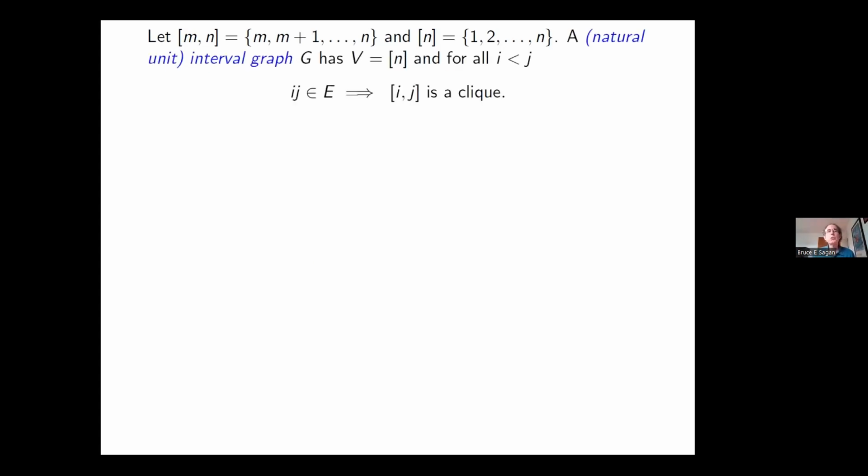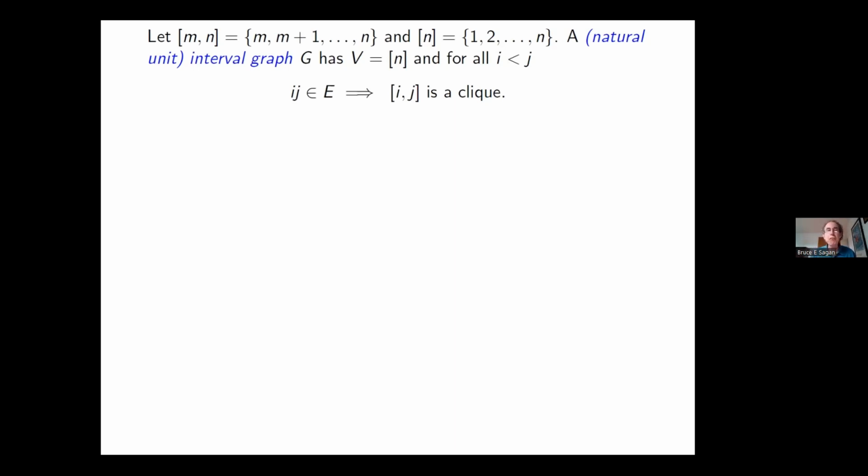Then a natural unit interval graph, and all of my graphs are going to be natural unit interval graphs, so I'll just say interval graph. It's a graph of the following kind. Its vertices are the numbers 1 through n, and if you take any edge ij, and I'm always going to write my edges with the smaller vertex first, the whole interval from i to j must form a clique.